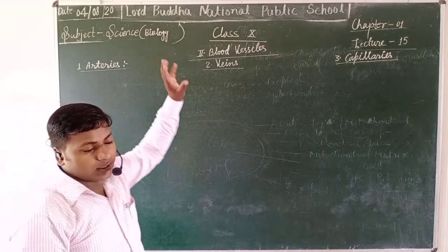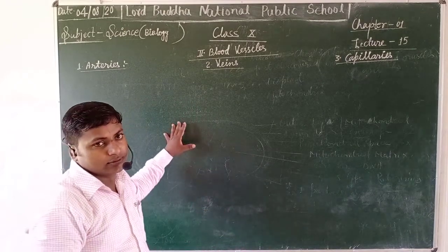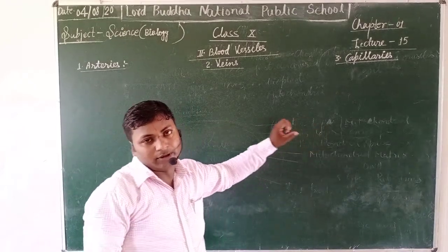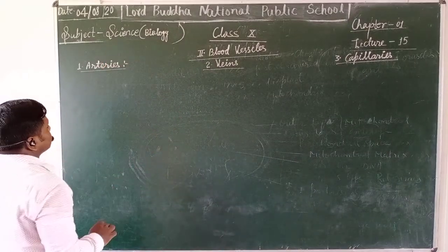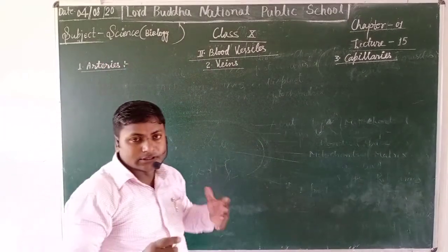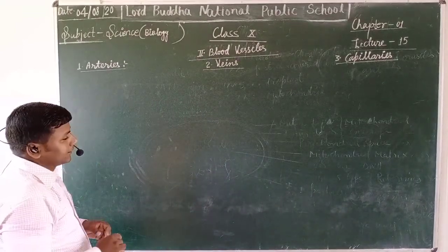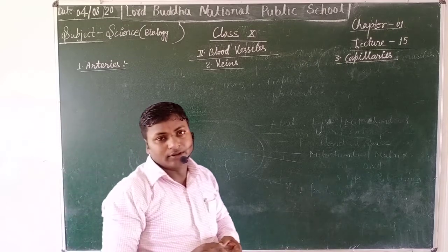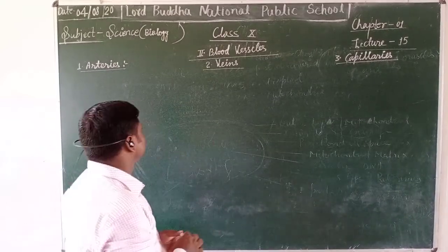Arteries are deeply seated inside the dermal part of the skin. If we talk about the origin of this kind of blood vessel, it originates from the mesoderm part of the embryo.